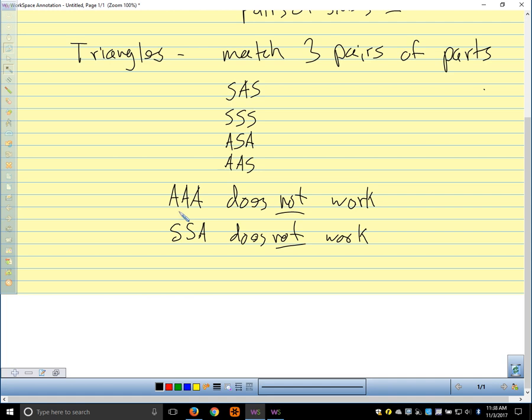So that's what we've done so far in the chapter. What we want to talk about today is what we do after we show that triangles are congruent. We can say that all the matching parts are congruent.